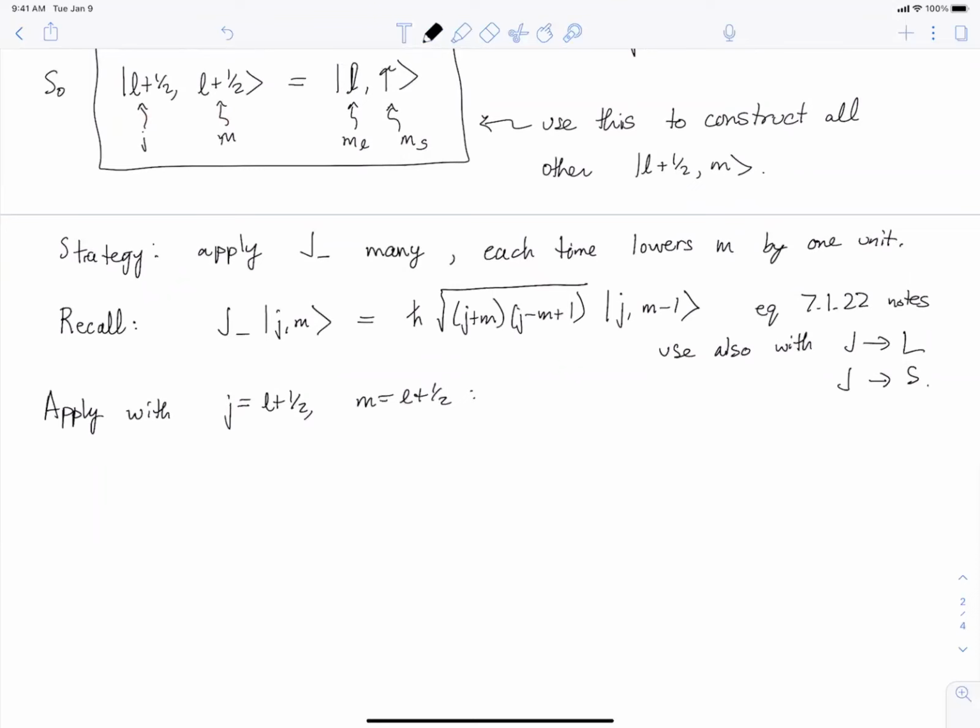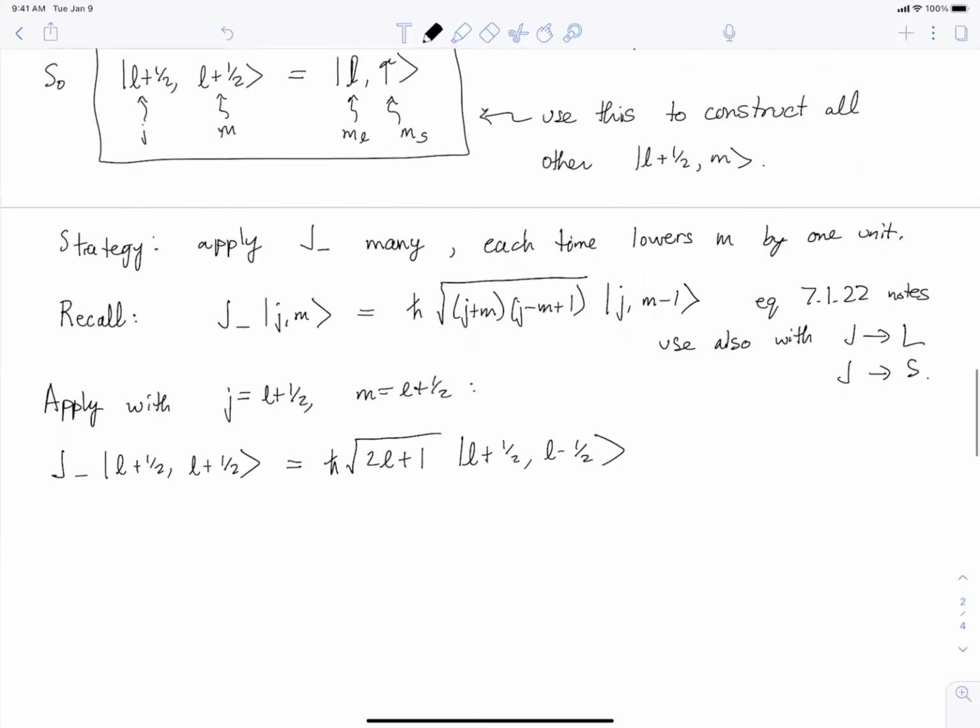It tells us that J minus |L plus 1/2, L plus 1/2> is equal to h bar square root of 2L plus 1 times |L plus 1/2, L minus 1/2>. I have to remember to lower M by 1 unit.